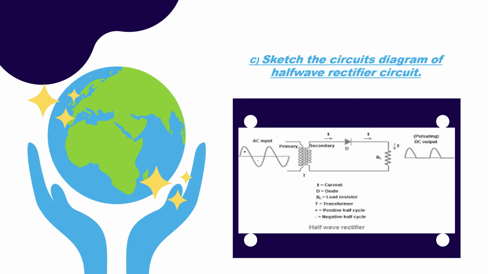This is what we call the half-wave rectifier circuit. We can see the AC input going to the primary, secondary, and then the current goes to the diode, and next the current goes to the load resistor, passing by the DC output. That's all.